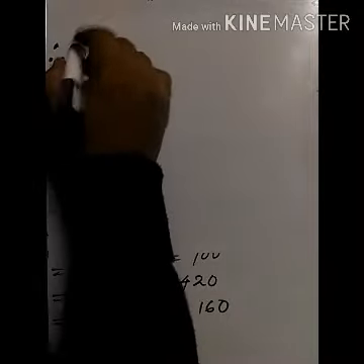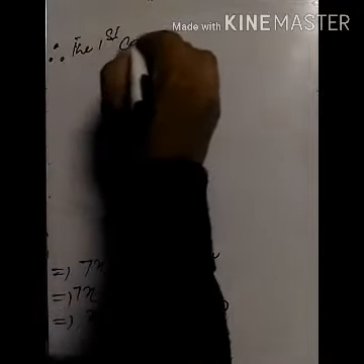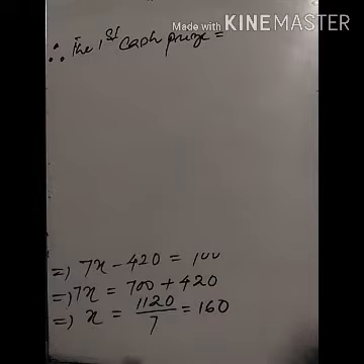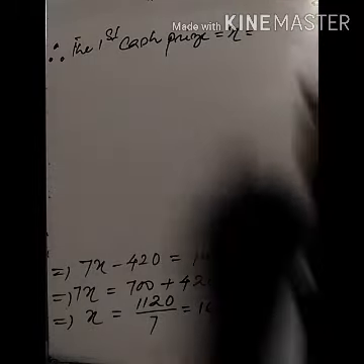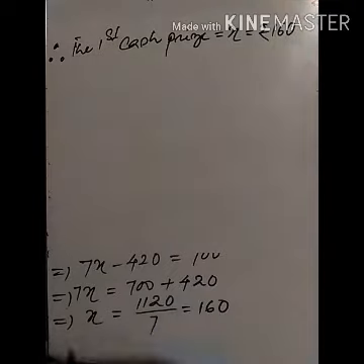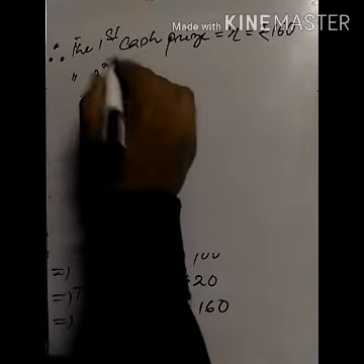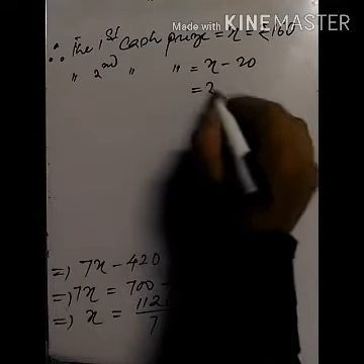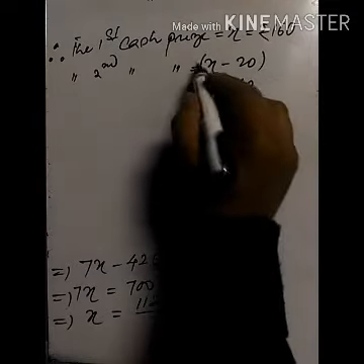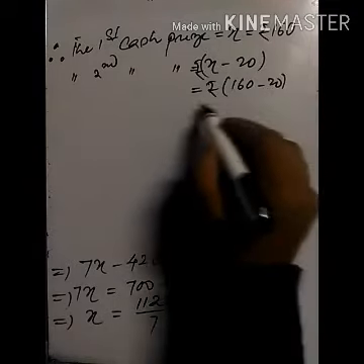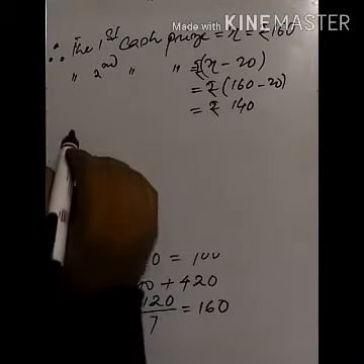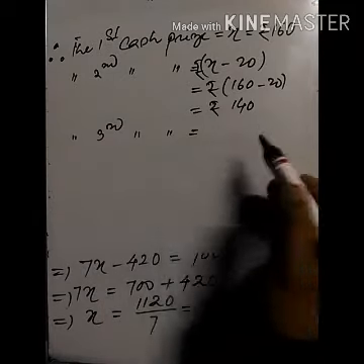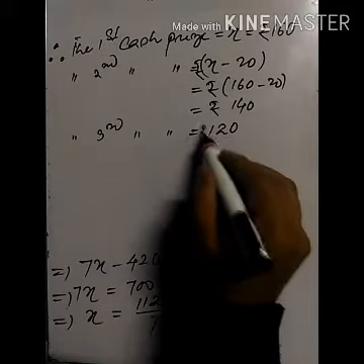Therefore, the first prize is equal to X, that is rupees 160. The second prize is equal to X minus 20, that means rupees 160 minus 20, which is rupees 140. The third prize is 140 minus 20, which is 120.